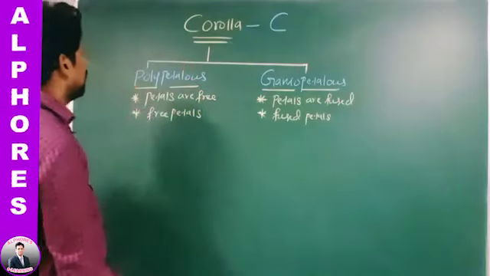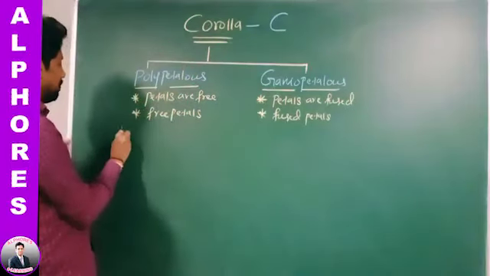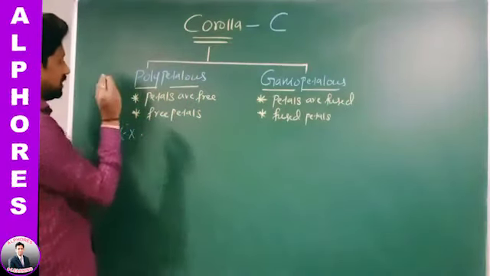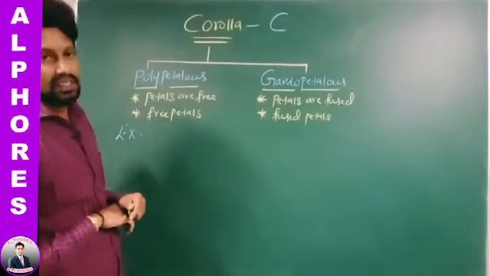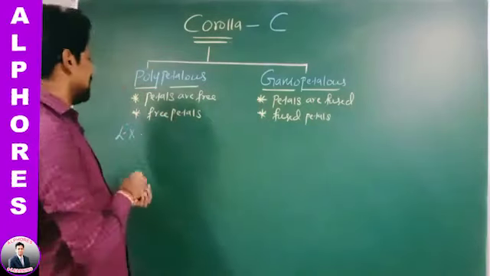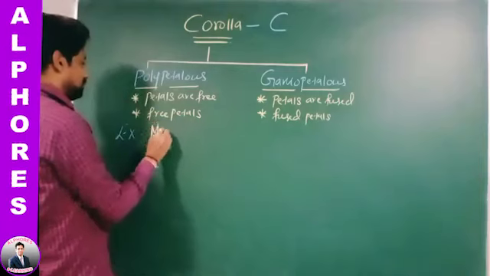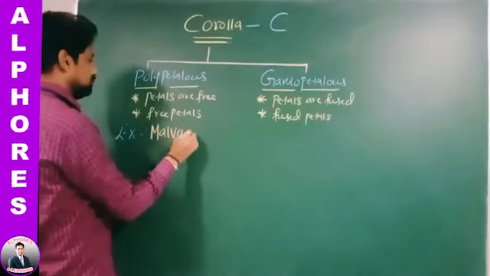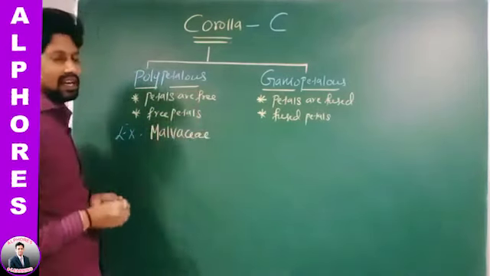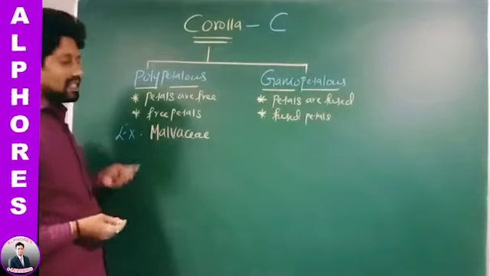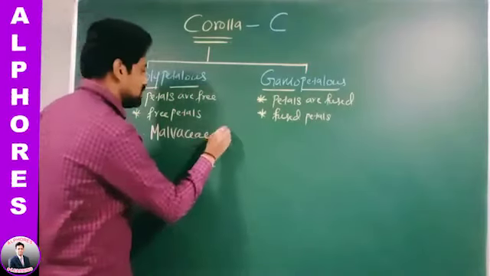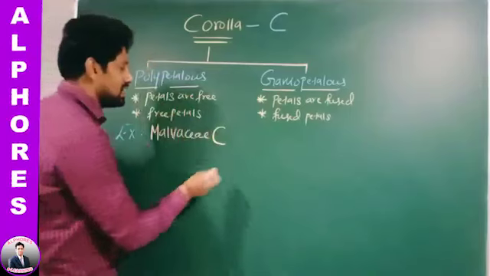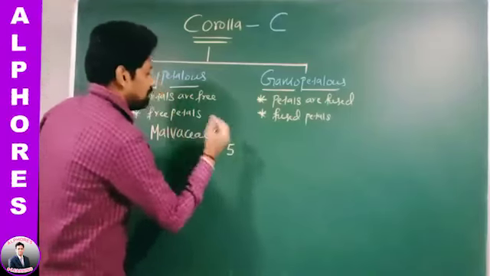Now examples of polypetalous condition. Number one, Malvaceae family. In the Malvaceae family, the corolla contains 5 petals.